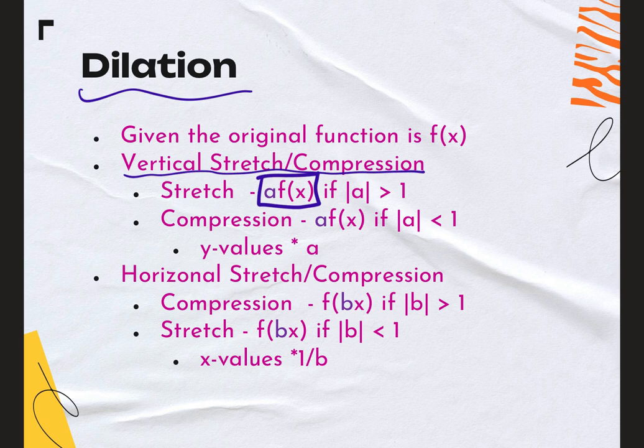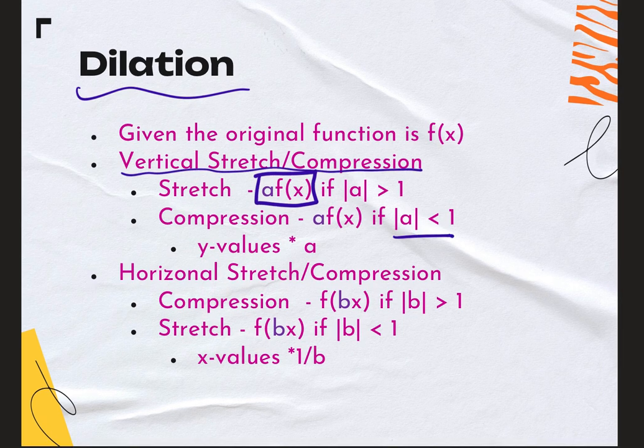If that value is bigger than 1, then it's going to make it stretch vertically. It's as if I take my graph and I pull it from top to bottom, right? That would stretch it vertically. If that value is less than 1, and we're ignoring the sign because the sign's the reflection, then it's like the ceiling and the floor caving in on your function. It's going to squish it vertically, which we call compress, okay?